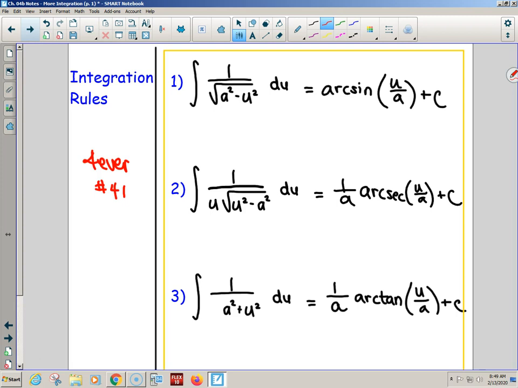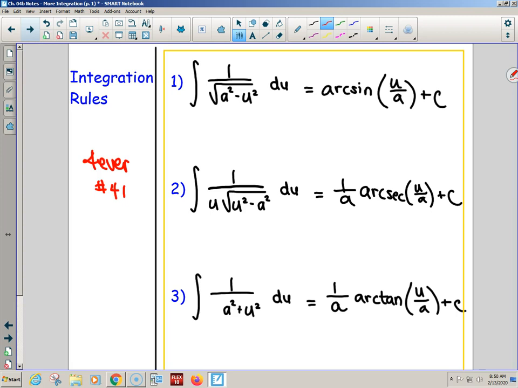If you saw something like 4 minus u squared, or u squared minus 4, or 4 plus u squared, you can actually still go straight to an inverse trig without having to do some crazy simplifying to make it a 1. So it saves us a lot of time and a lot of work. But I will show tomorrow.